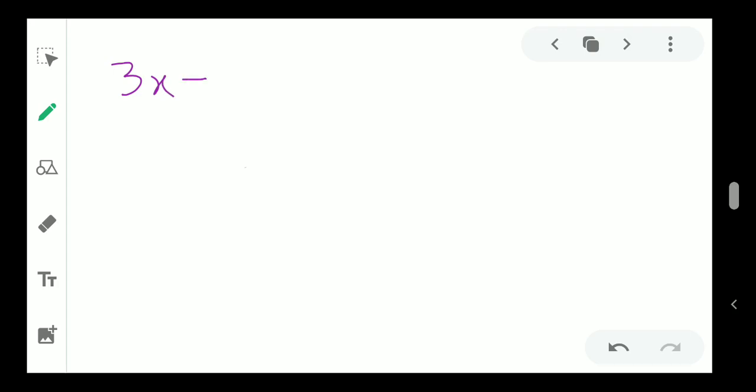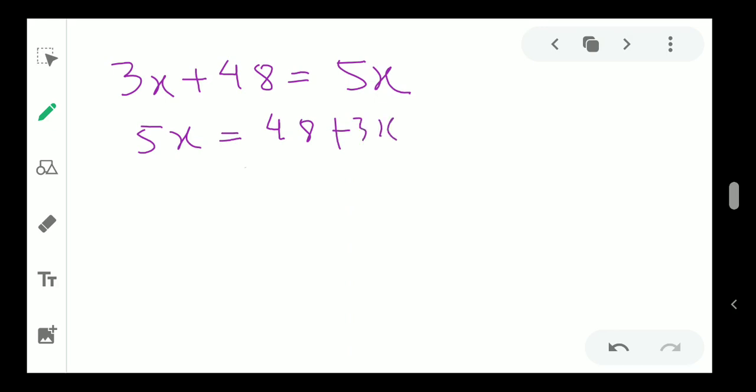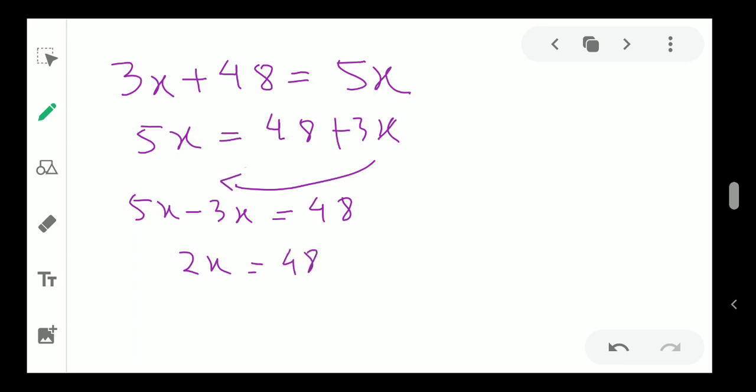So the number of boys is 48 more than girls, so that would be the question. In that case we can write 5x equals 48 plus 3x, and we can bring the 3x to this side. So 2x equals 48, and dividing by two, it will be 24.